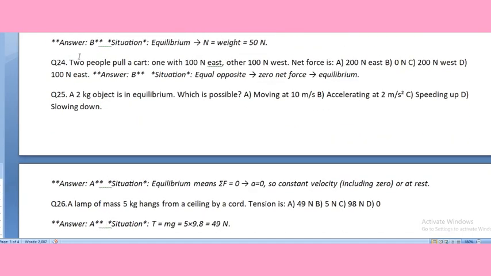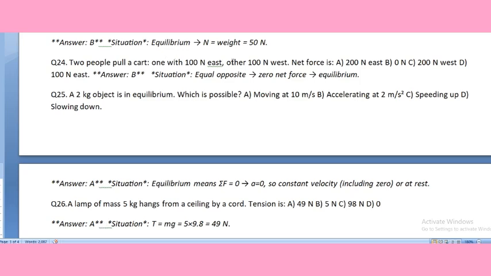B means 50 Newton. The next question, question number 24. Two ropes pull a cart, one with 100 Newton east, the other 100 Newton west. The net force is: choice A, 200 Newton east; choice B, 0 Newton; choice C, 200 Newton west; choice D, 100 Newton east.